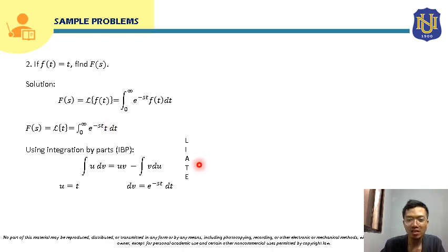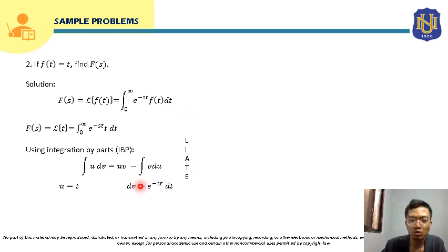What comes first is the algebraic, so we will assign the algebraic function t to u. So u is equal to t, and the other function will be assigned to dv.